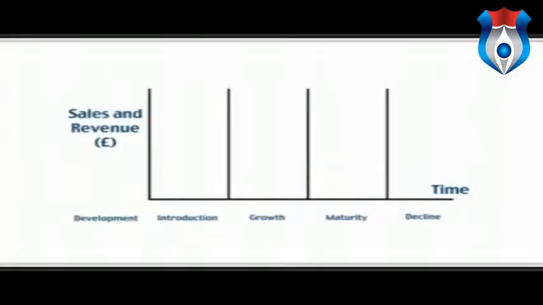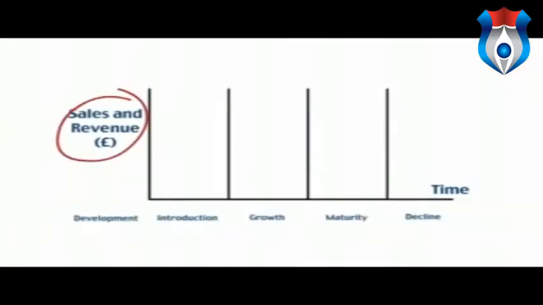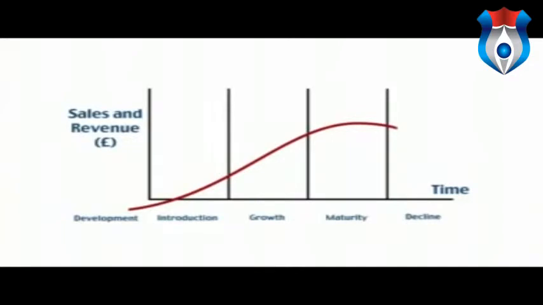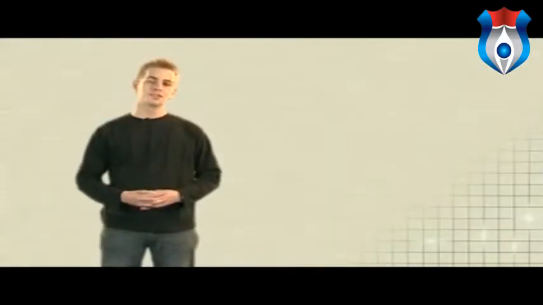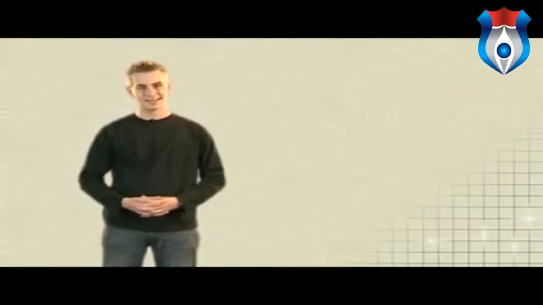Here's a diagram of a product life cycle. As we can see, sales and revenue run up the side, and time runs along the bottom. There are 4 sections because all products are introduced, then grow, then mature, and finally decline. Some products are introduced and then grow very quickly.